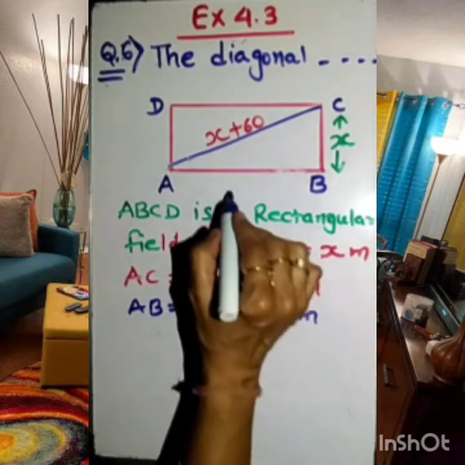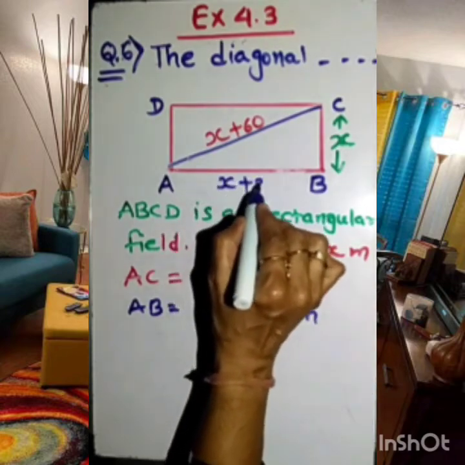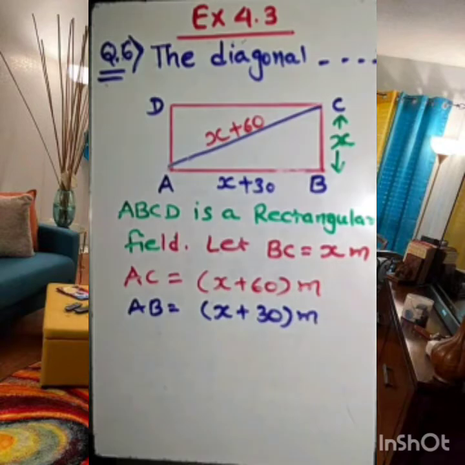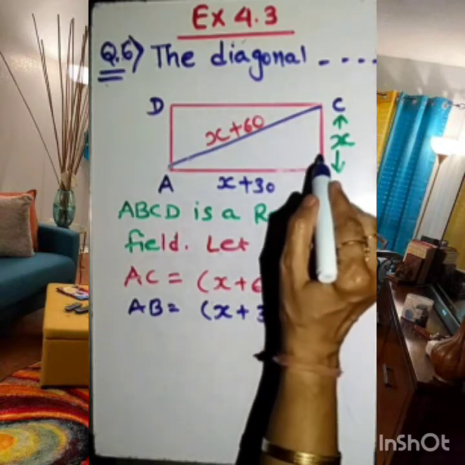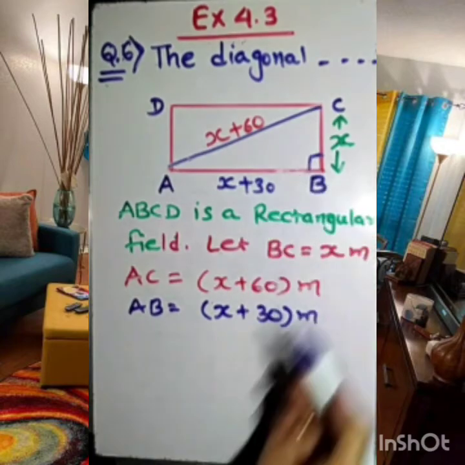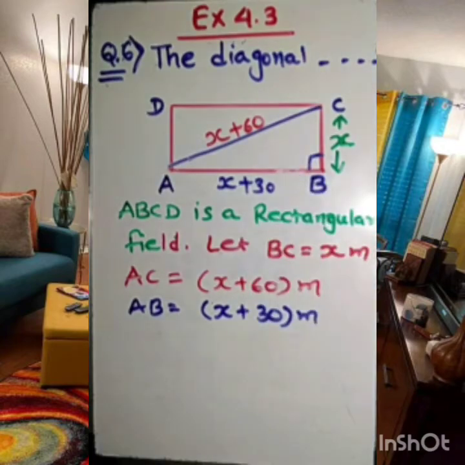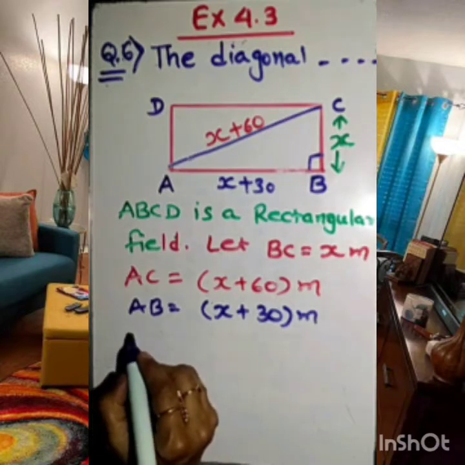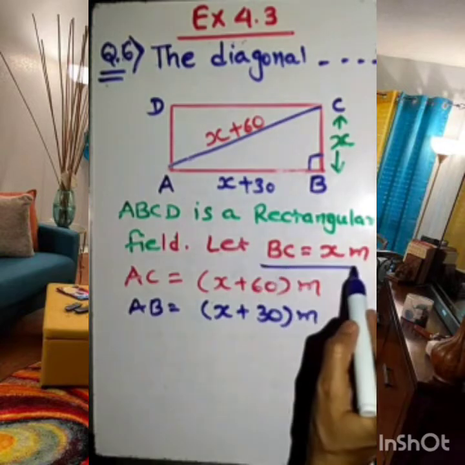As we know, here we are going to apply Pythagoras. The reason is that this triangle has a right angle. This is a right angle triangle. BC we are considering x.